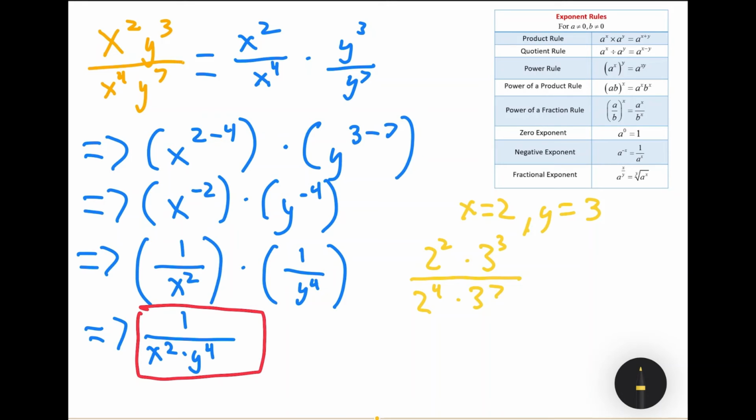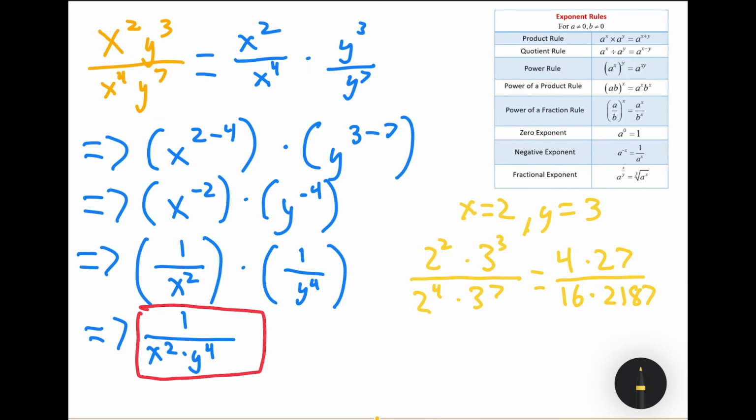And if you were to plug this in and solve your exponents, you would get 2 to the second power is 4, 3 to the third power is 27, over 2 to the fourth power, 16, and 3 to the seventh power is 2,187.